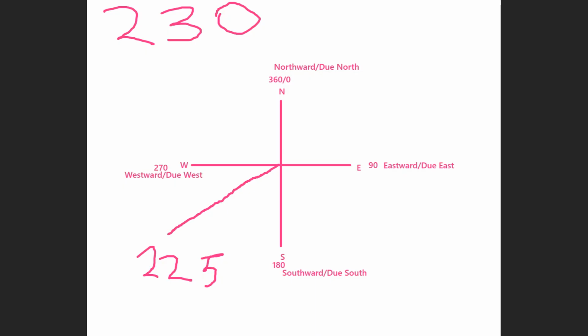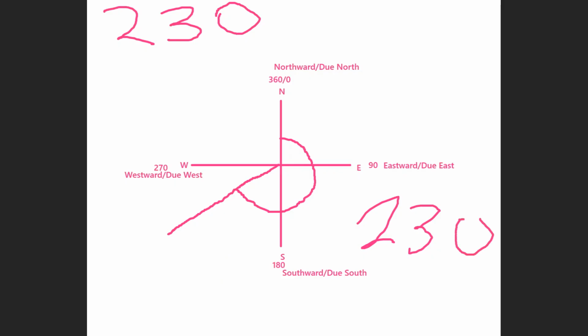We remove the 225, but we need just the 230. So that's the 230. Then bring in the indicator to indicate it. So all you have just drawn so far is 230 degrees. It's quite simple.